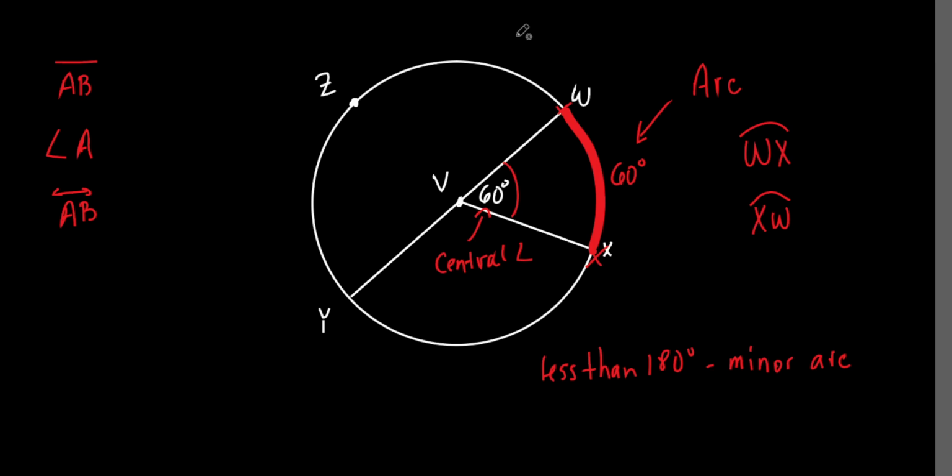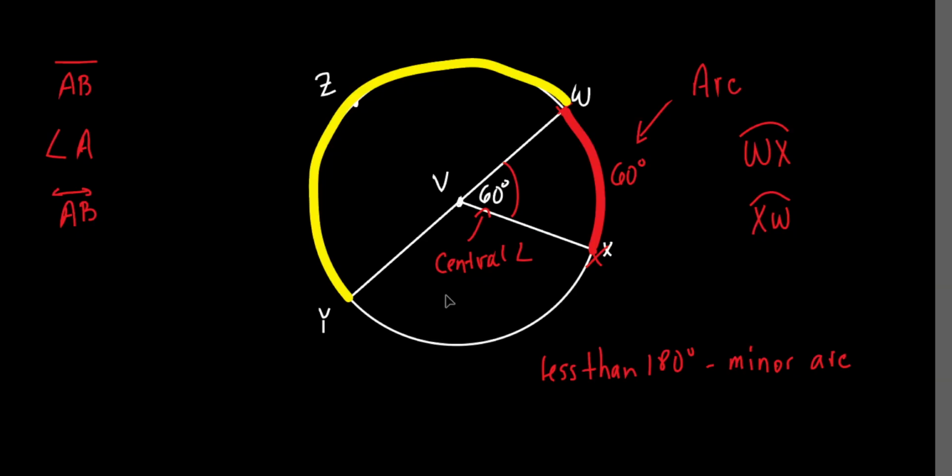What if you had an arc that was exactly 180 degrees? Give me an arc that's exactly 180 degrees. From W, where do you think? Or I'm sorry, I'm starting from Y. Or you can start from W, it doesn't make any difference. If I start from Y and go all the way around to W, boom, right there.